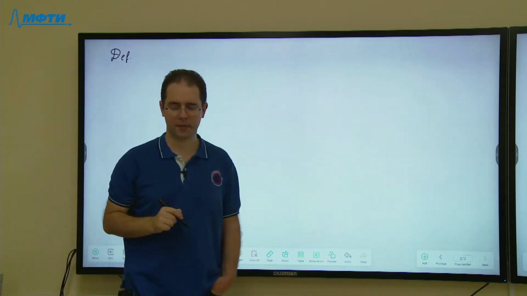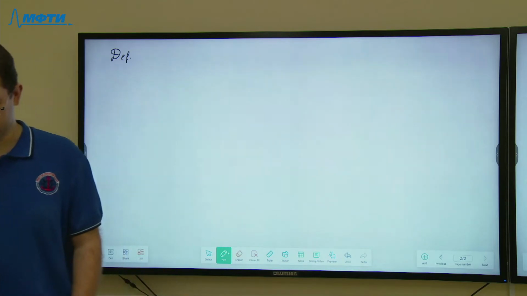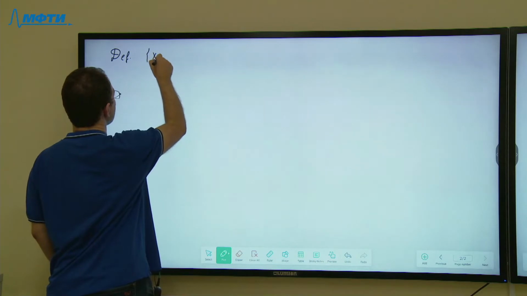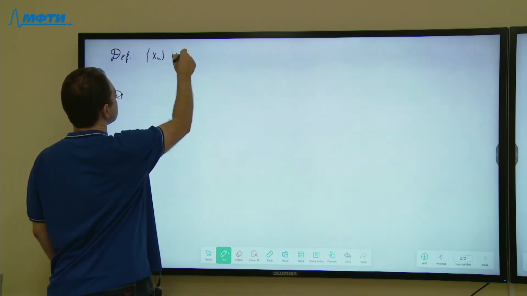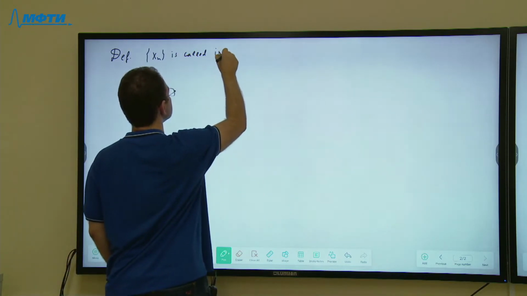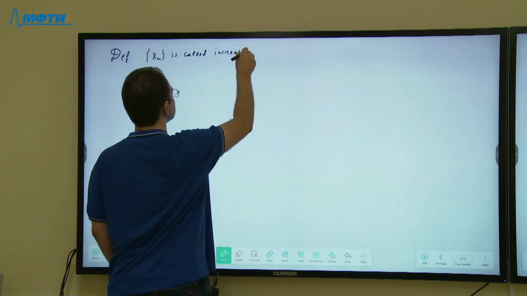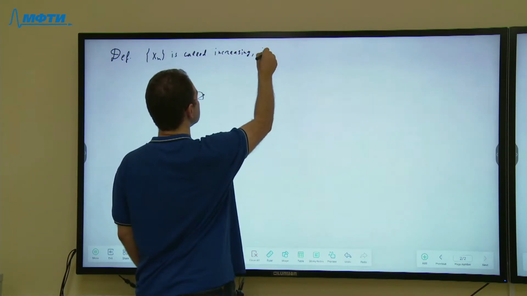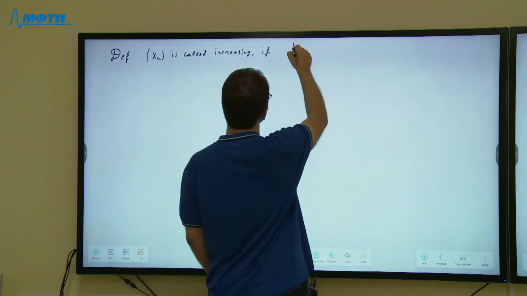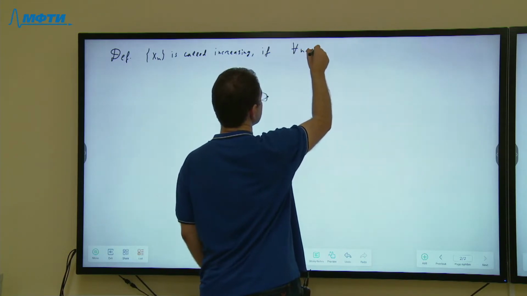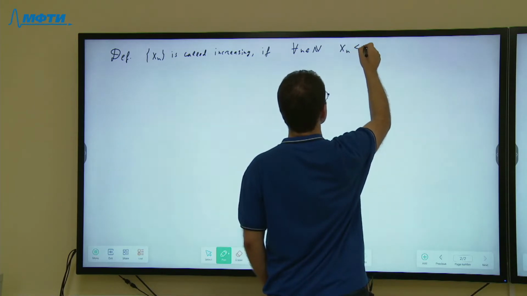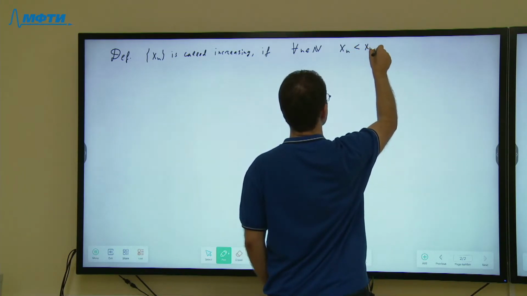Definition. A sequence xn is called increasing if for any natural n, xn is less than the next one, xn plus 1.